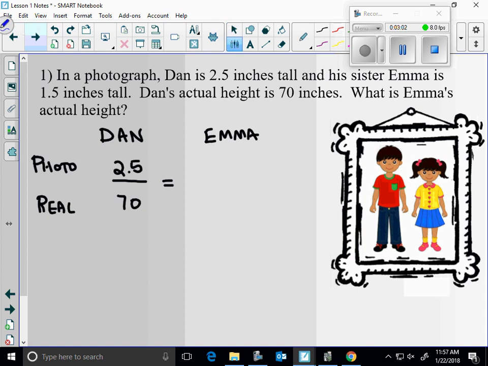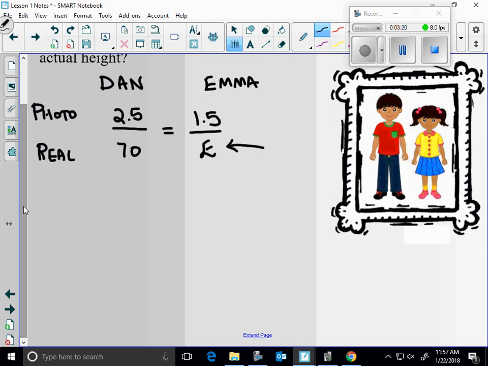Okay, so he's 70 inches tall in real life. Emma in the picture is 1.5 inches tall. Let's call her height E for Emma. At this point, if you come up with a number for E that is greater than 70, there should be a red alert going off in your head.